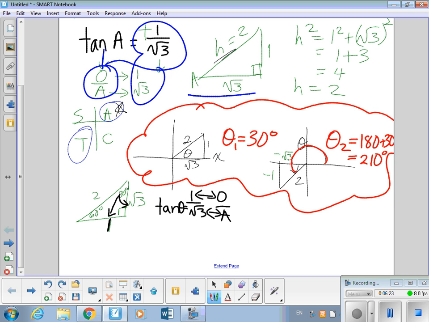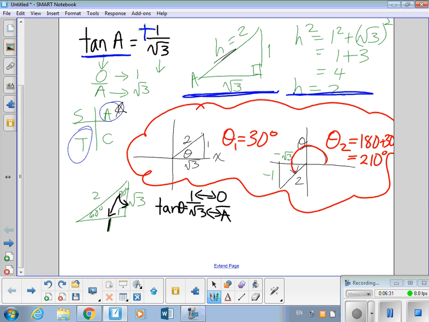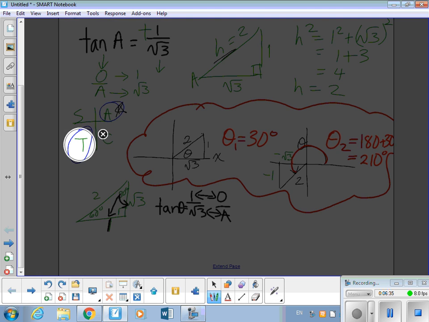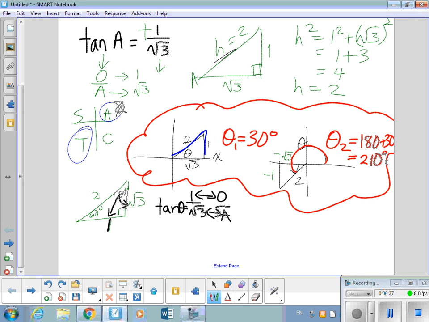We had to then do the right angle triangle, calculate this. Then I had to look, okay, where is tan? Oh, positive. Well, tan's positive in this quadrant and this quadrant. So that at least then tells me where I have to do my triangles. Okay, so you can see that there's an awful lot of work involved, even though the part that's highlighted in red is the actual formal solution.